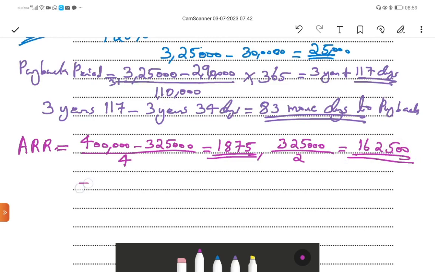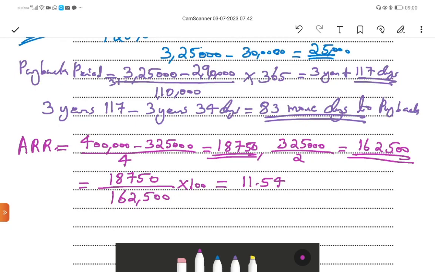So ARR is equal to 18,750 divided by 162,500 times 100, which is equal to 11.54.